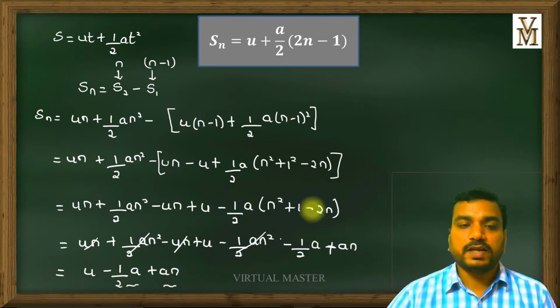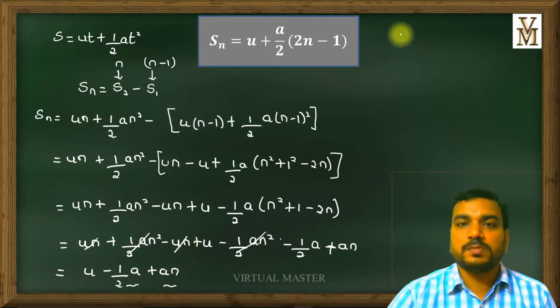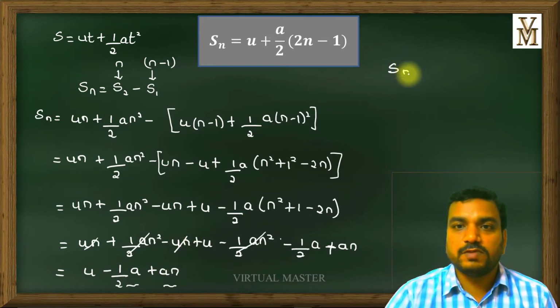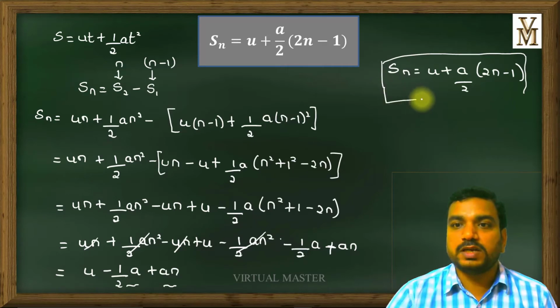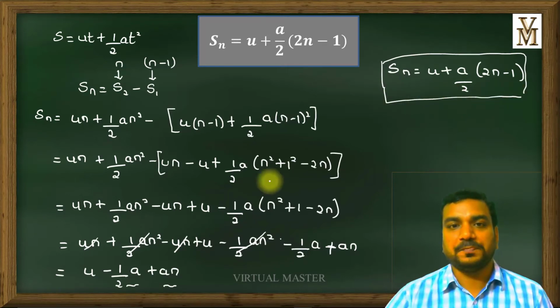If I take a by 2 common in these two terms, I am going to get Sn equal to u plus a by 2 into 2n minus 1. This is the equation for the distance covered by the object during the nth second.